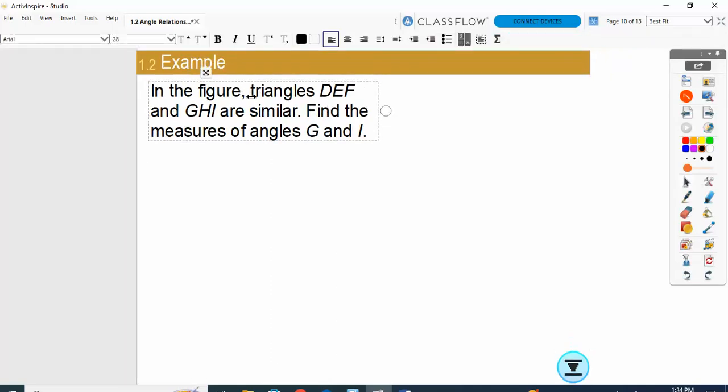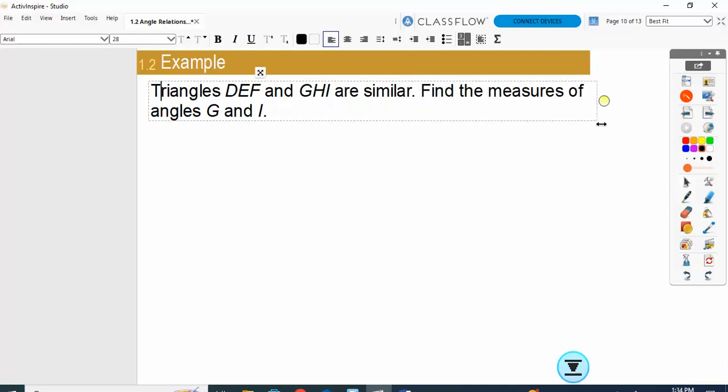Let's say triangles DEF and GHI are similar. I want to find the measures of G and I if the measure of angle E is 34 degrees.